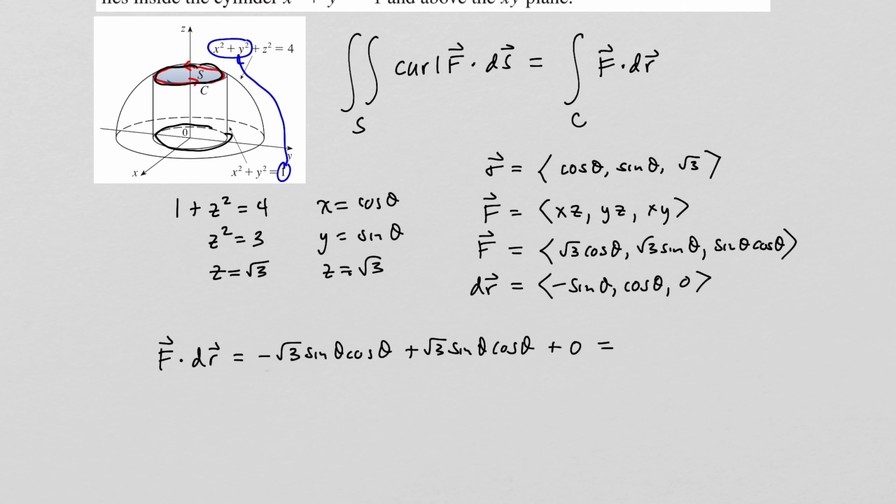And notice this is equal to 0. And so our integral is the integral of 0 d theta from 0 to 2 pi, but it doesn't really matter because that's just going to be 0.